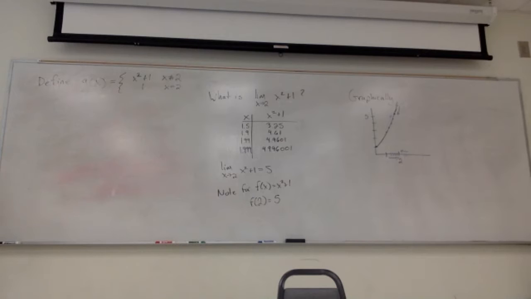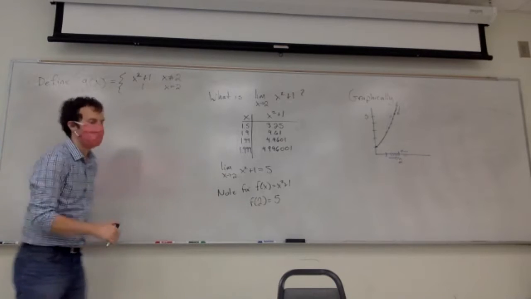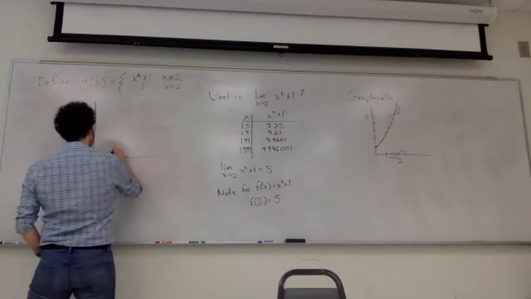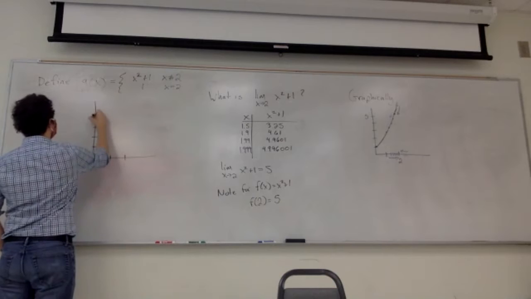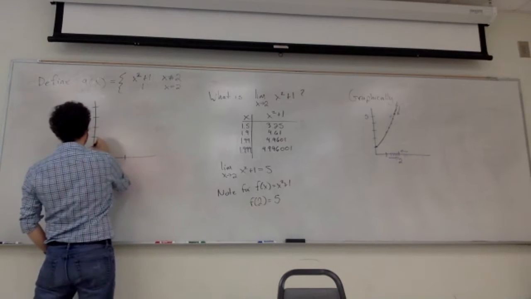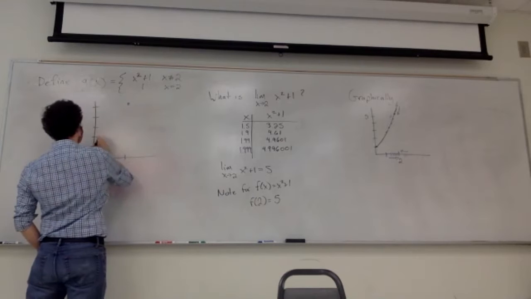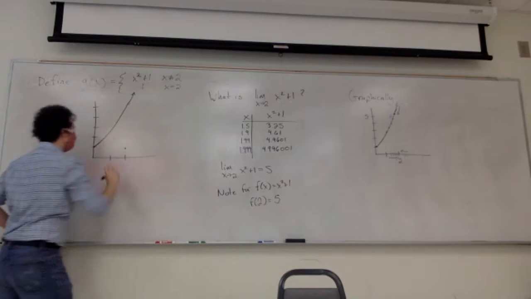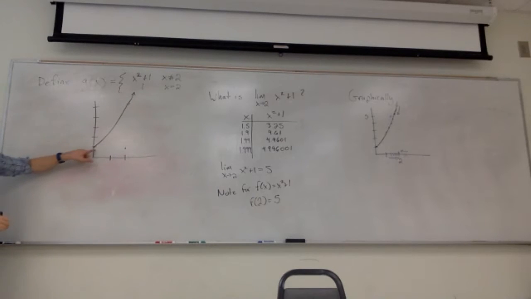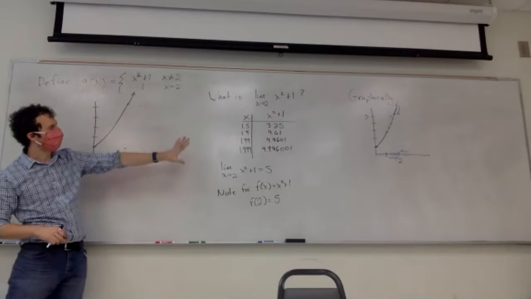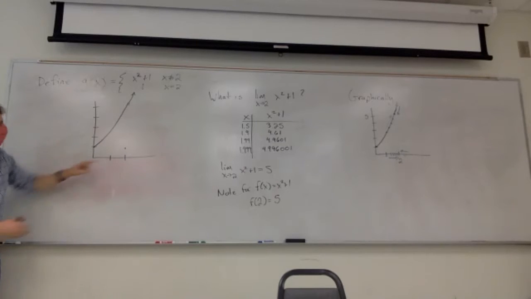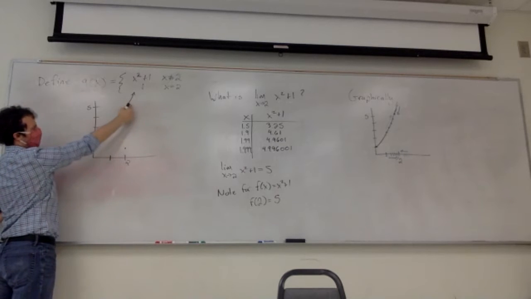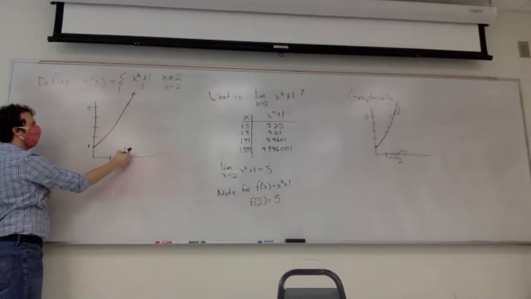So what this looks like is really close to that other graph that we had there. Basically everywhere, it's the same parabola that we had before. But at x equals 2, it's not up where the rest of the parabola is, it's down here at 1.